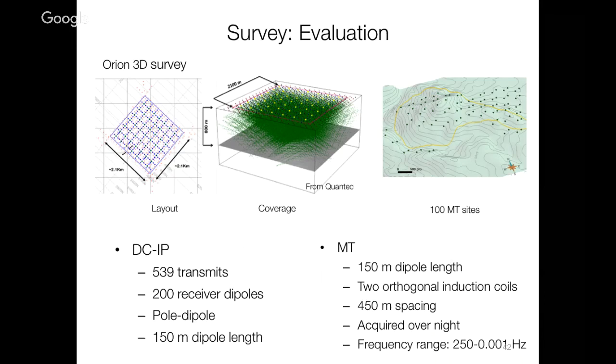Then they leave things quiet for a while, so now you just have natural sources coming in, and you're recording bits and pieces of that. Then you fire the source off again. So you've got intermittent, continual time series. Some of it has actual information from the source. Some of it's just natural. You build it all up, and eventually you collect MT data as well as the CSEM data. So this is somewhat the same flavor, except you're using day-night.